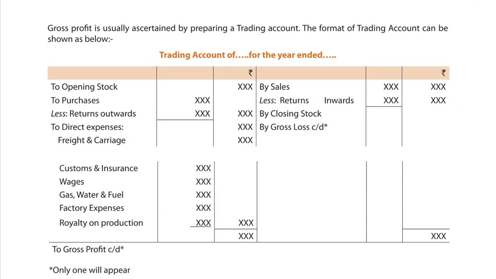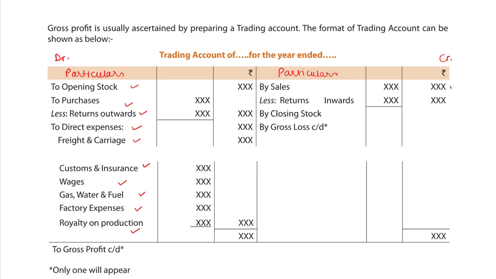Gross profit is usually ascertained by preparing a trading account. The format of the trading account can be shown as follows: trading account, on the debit side opening stock, purchases less purchase return, return outward, plus direct expenses like carriage and freight, customs and insurance, wages, gas, fuel, factory expenses, royalty on production.